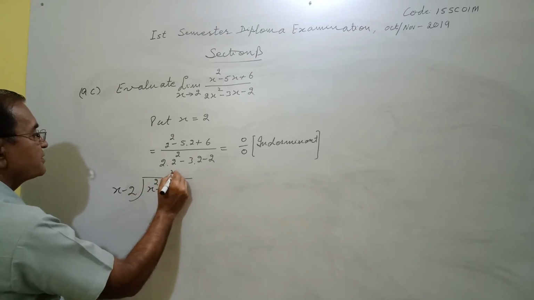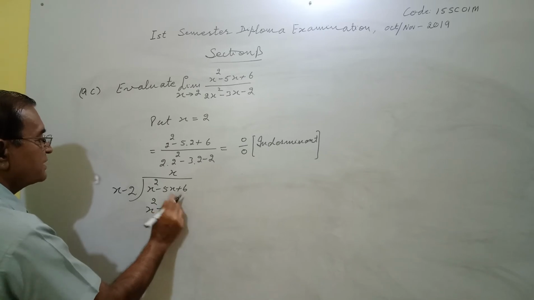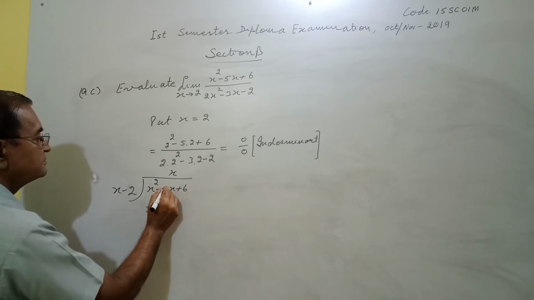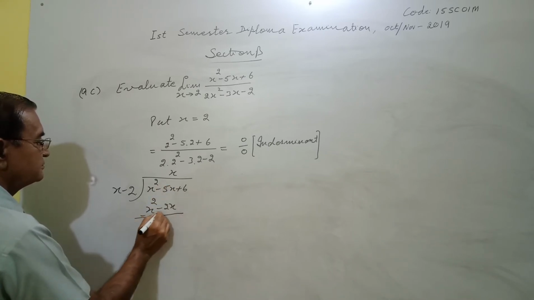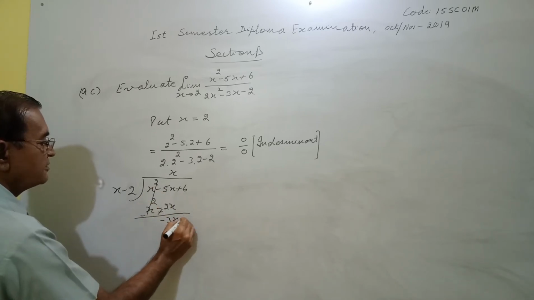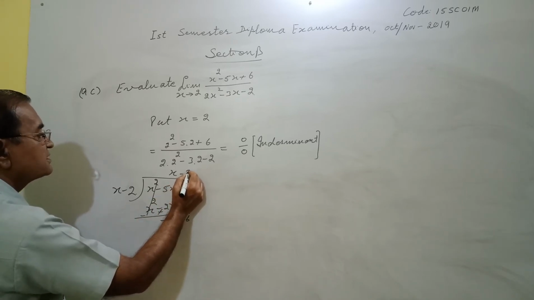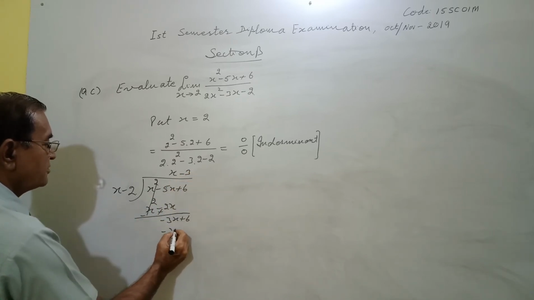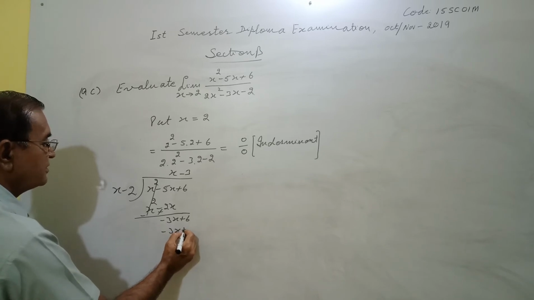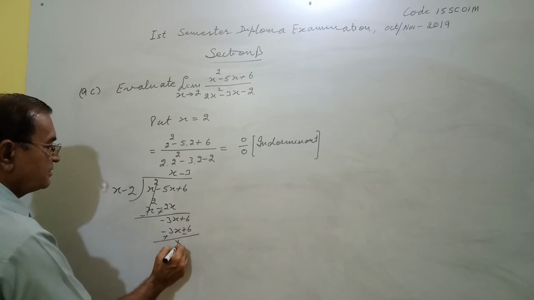First dividing factor will come out to be x, x square minus 2x, minus 3x plus 6. So dividing factor will come out to be minus 3, minus 3x plus 6. Change the sign and we will get 0.